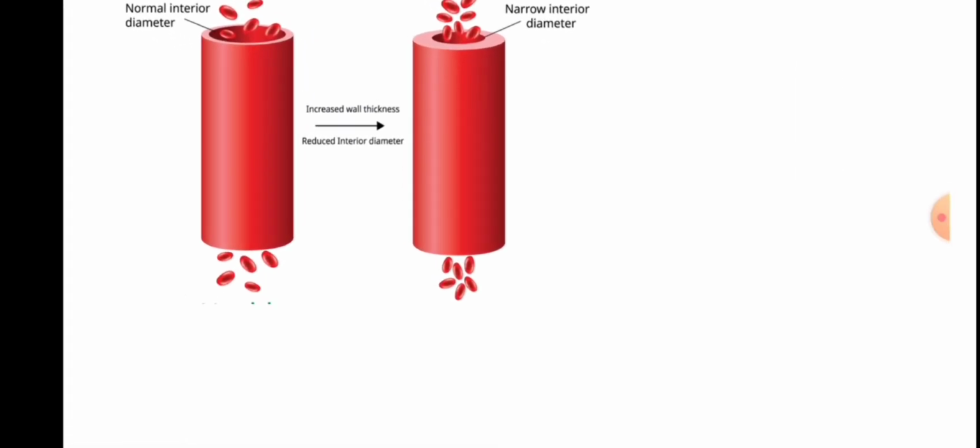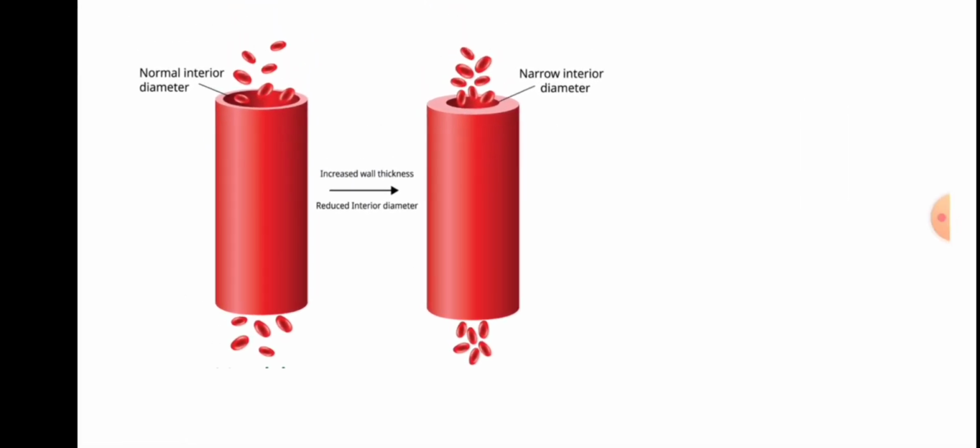What you can see here, the two pipe structures, is a blood vessel. Within the blood vessel, the blood cells are being passed. In the first picture, you can see that the diameter of the blood vessel is normal, while the internal diameter in the second one is narrowed.